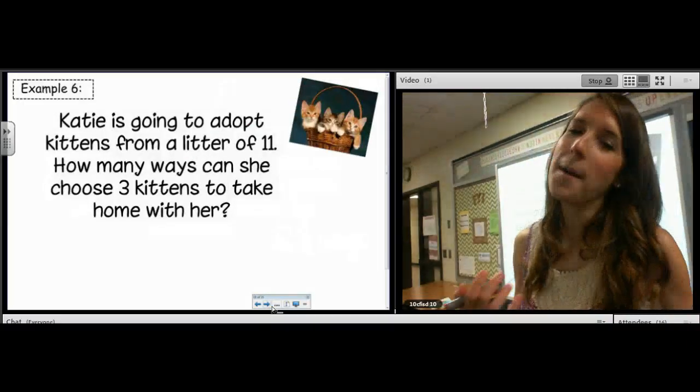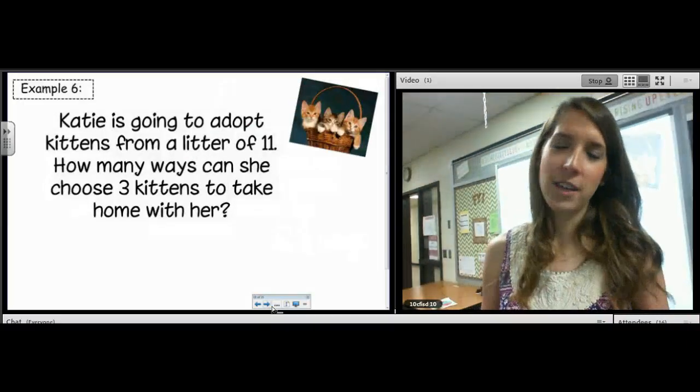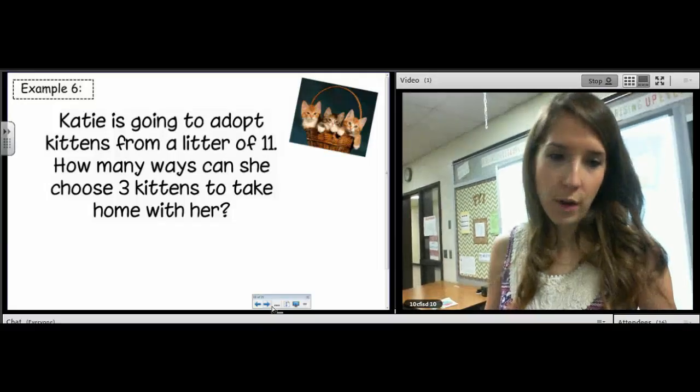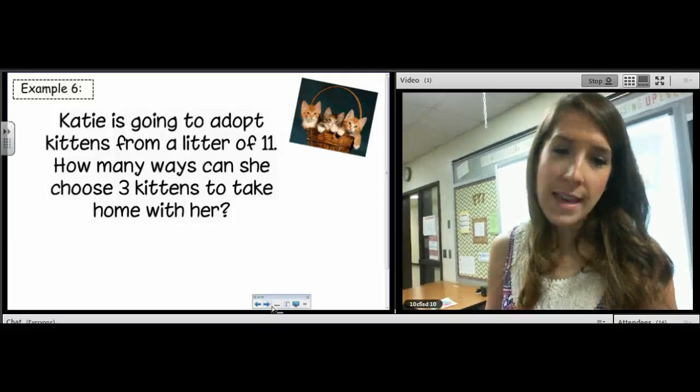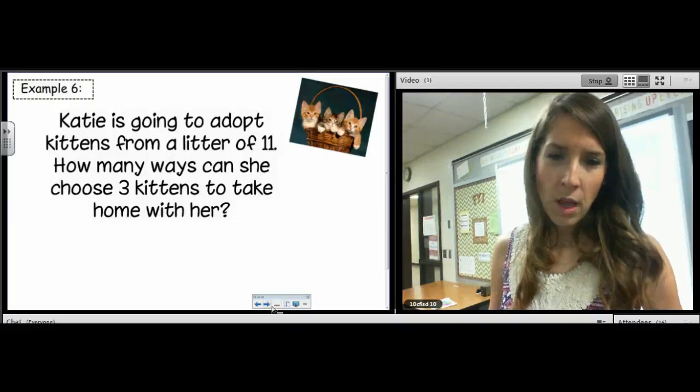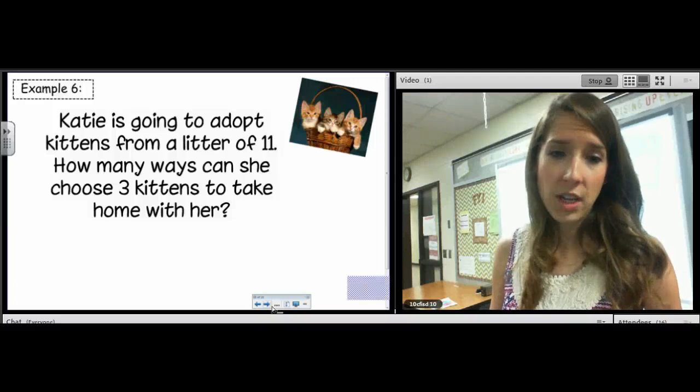Katie is going to adopt kittens from a litter of 11. How cute are those kittens? How many ways can she choose 3 kittens to take home with her? Yes, Yeji. Combination or permutation?